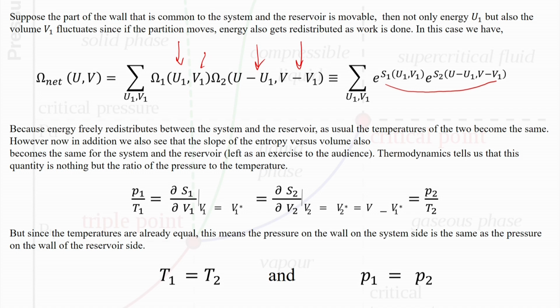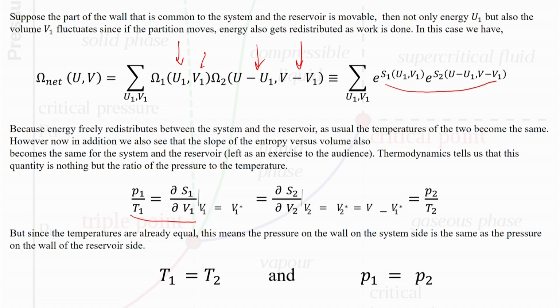So, I am not going to repeat this calculation, it is very similar to what we did earlier. So, if I do it for the volume, I end up asserting that the slope of the entropy with volume has to be equated in equilibrium to the slope of the entropy with the volume of the reservoir.